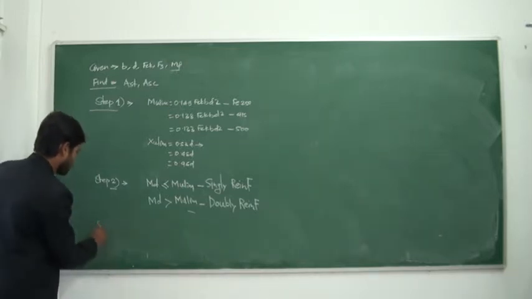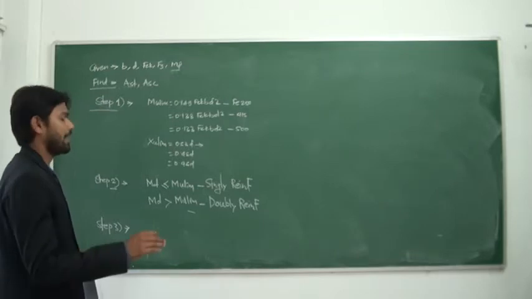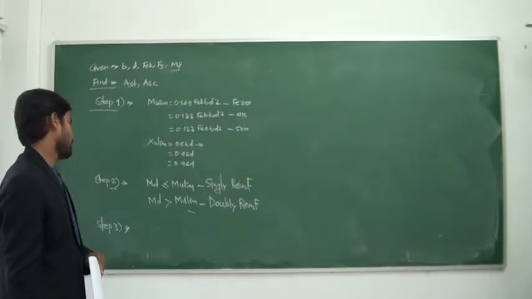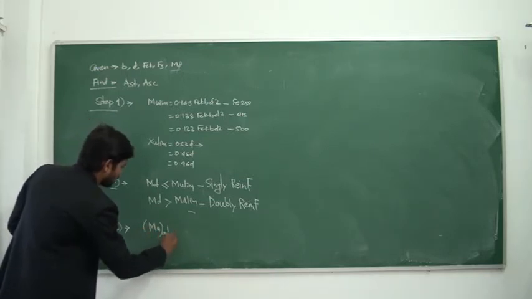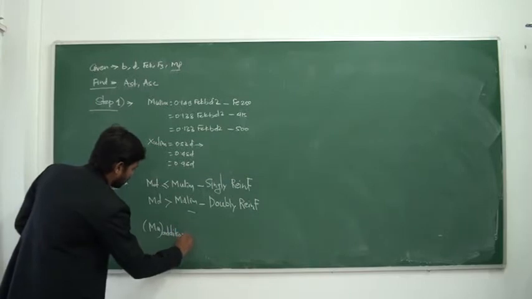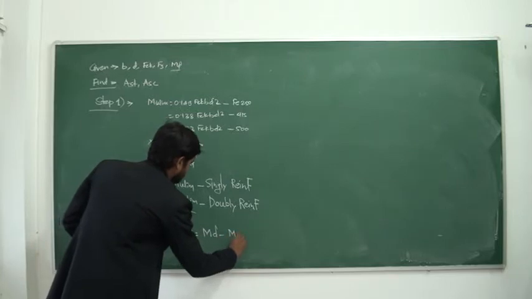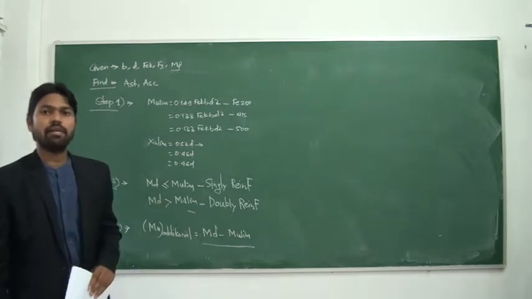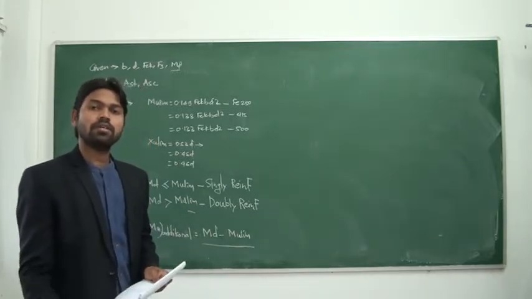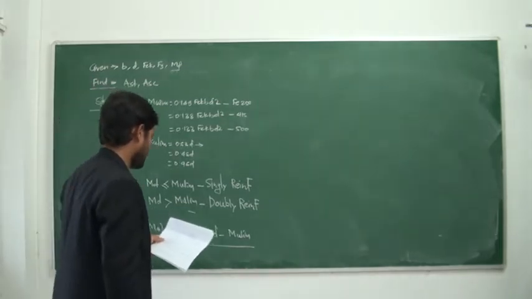Then step number 3. In step number 3, you have to calculate the extra bending moment, Mu additional, which will be equal to MD minus Mu limit. So this is how we can calculate the value of additional bending moment.